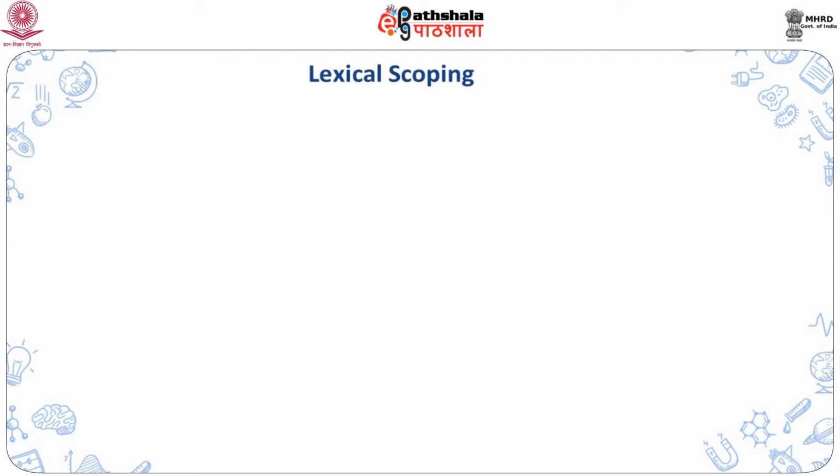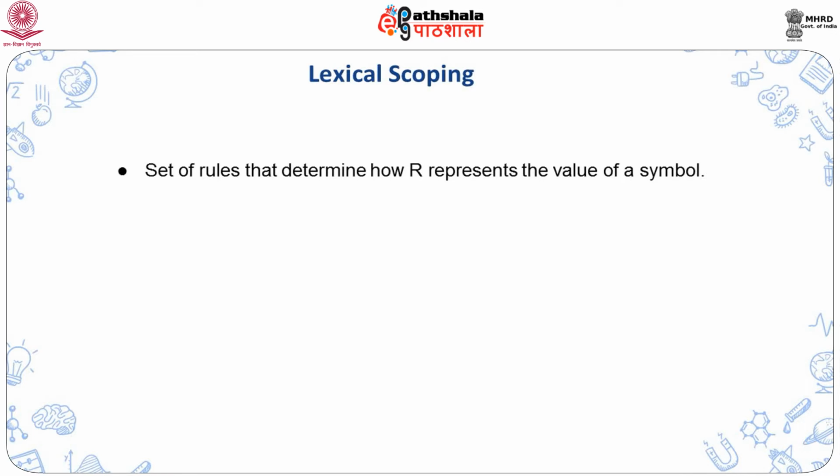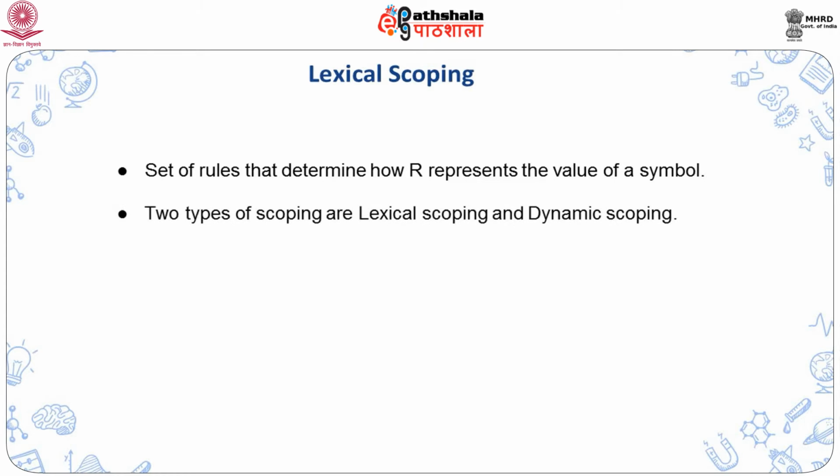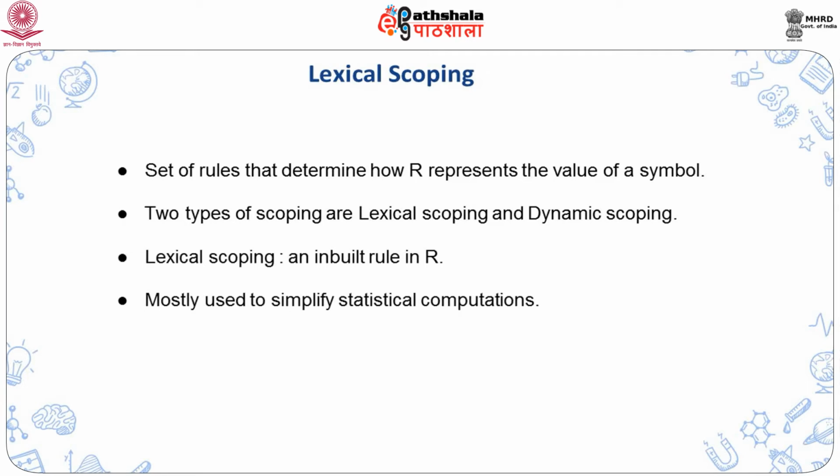In particular, lexical scoping is a set of rules that determines how R finds the value of a symbol. R has two types of scoping: lexical scoping and dynamic scoping. Lexical scoping is an inbuilt rule in R which automatically works at the language level. Lexical scoping is mostly used to simplify statistical computations. That is why it will be useful for us.